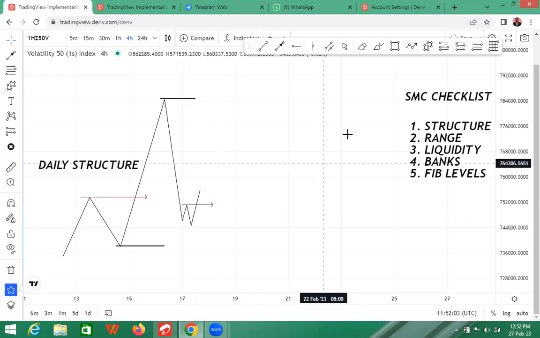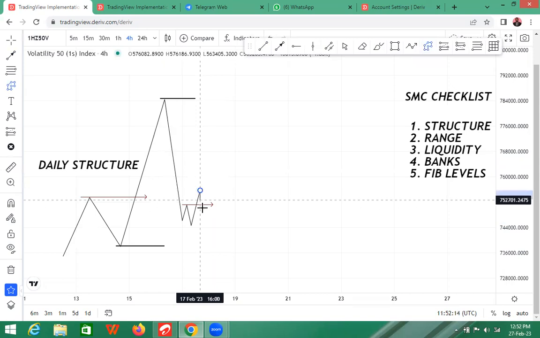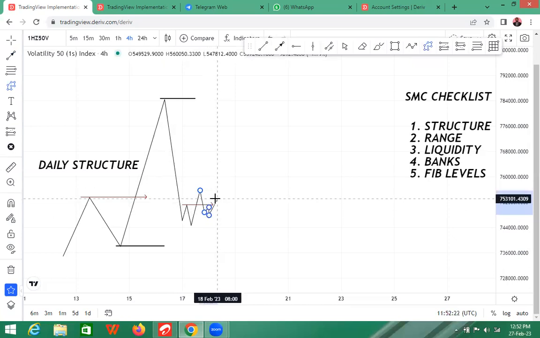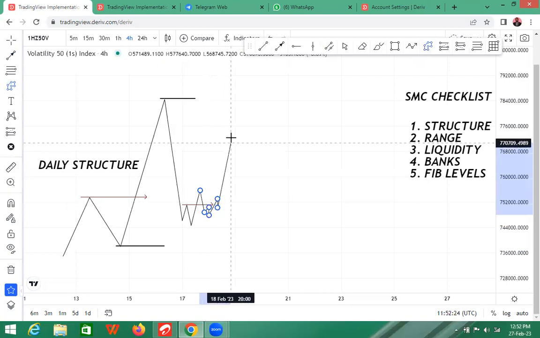You want to wait for that H1 to break in this place. I've explained this in the previous class. Then when price is coming back, price should give you that 5 minute break of structure around this place, and then it can go up.